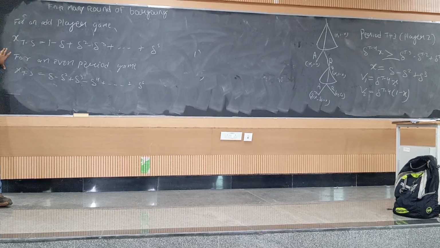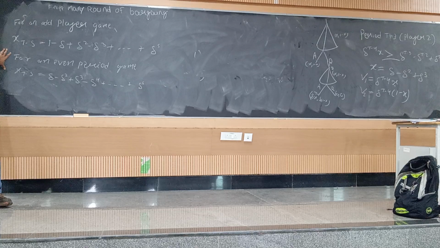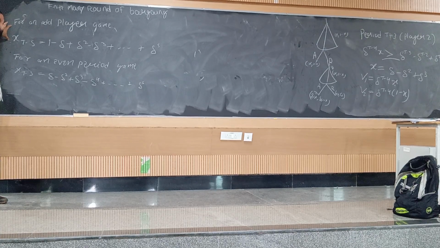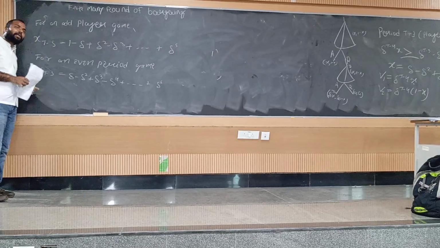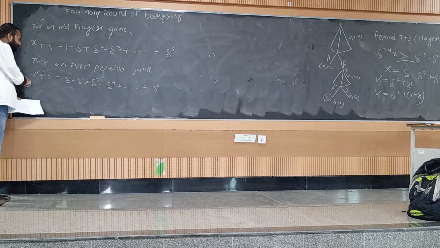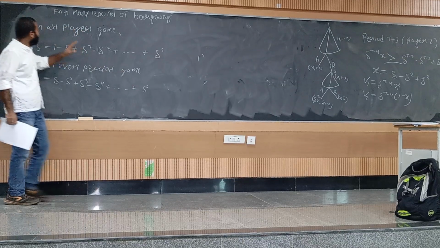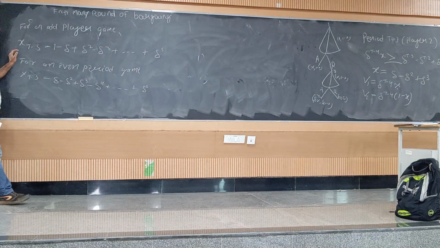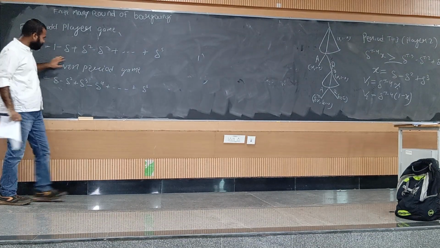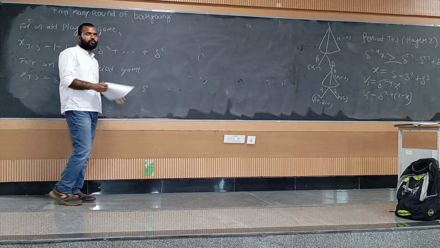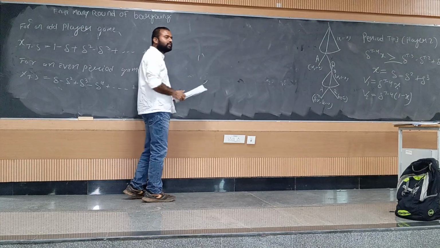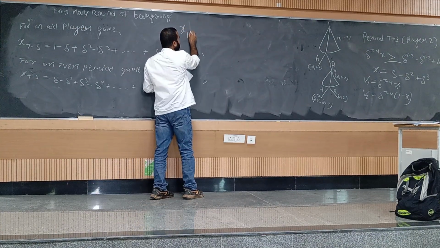If you solve this iteration again and again, we'll get a pattern similar to this. For an even period game, that means when player 2 is making a proposal, x always follows a pattern similar to this, while for an odd period game, you solve the same equation, then x always follows a pattern similar to this. Okay, so if I'm taking this one, x will look like this.